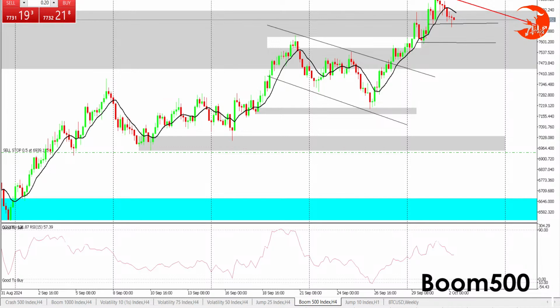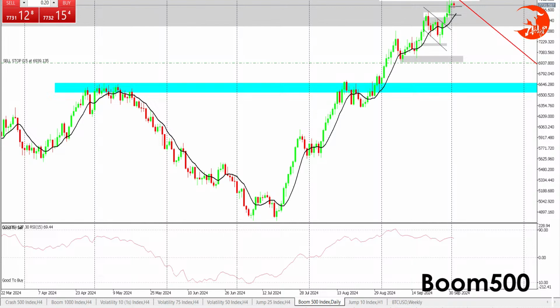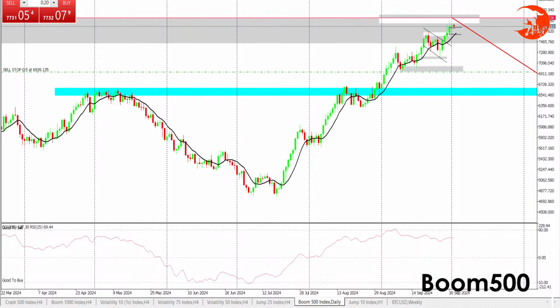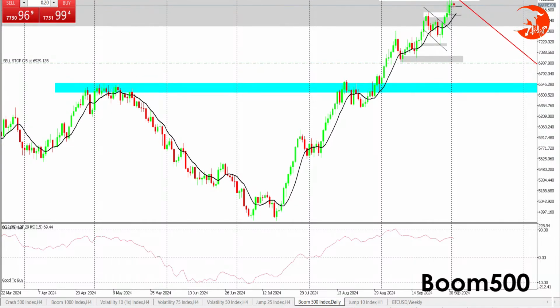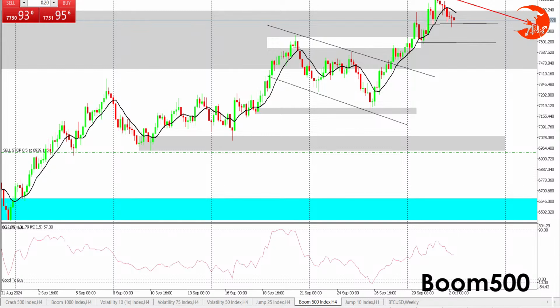D1 is doing what? D1 is supposed to be selling, and we can see a long wick there, on that level there, when it hit the TP level there, and then sales started.